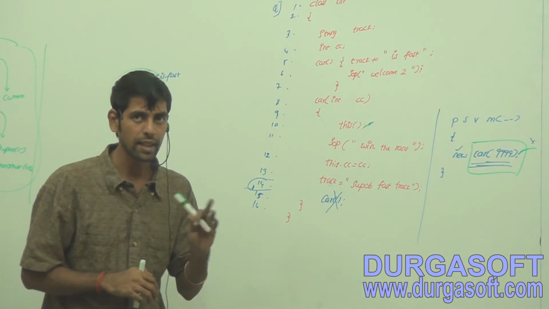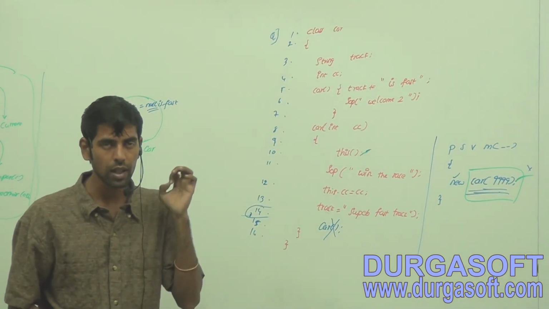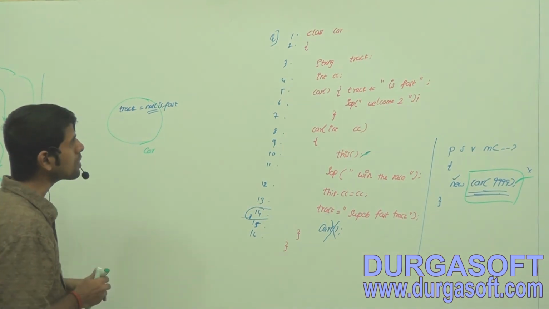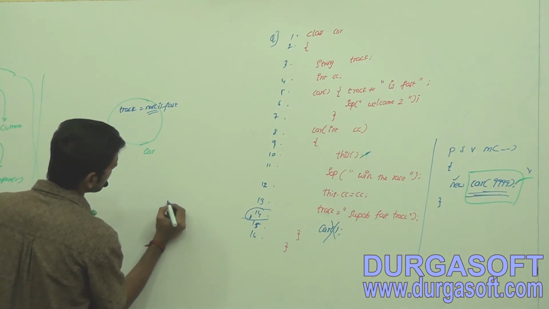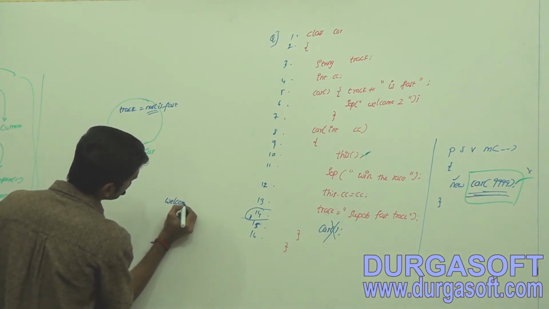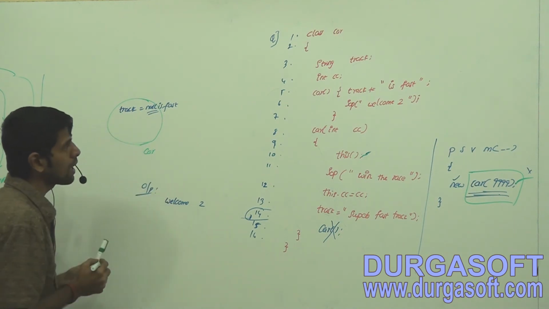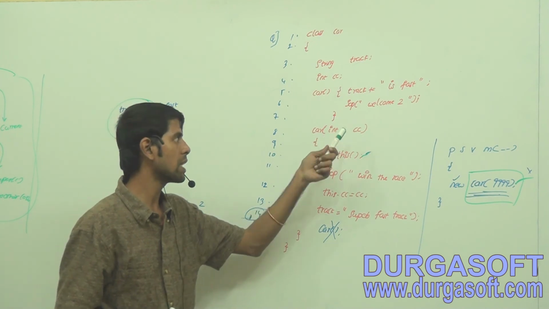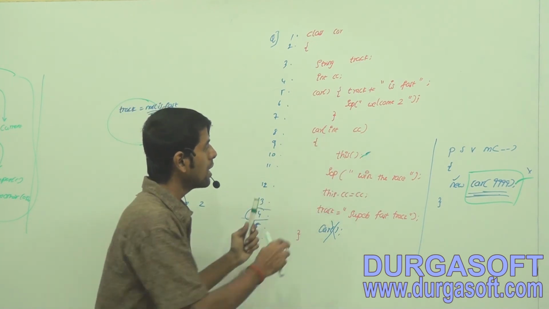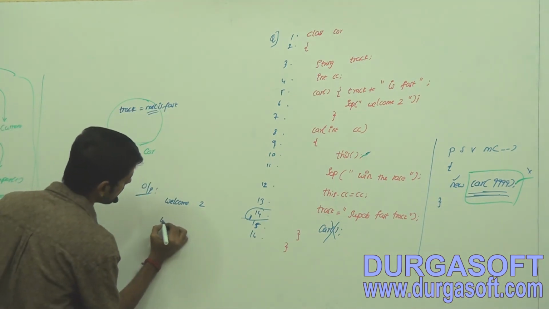No, there is no null pointer exception. I'll update you in this area also later, so please observe. Now the print statement outputs Welcome to, and later it completes the execution of the constructor. Once again the control will come back here, and it prints Welcome to win the race.